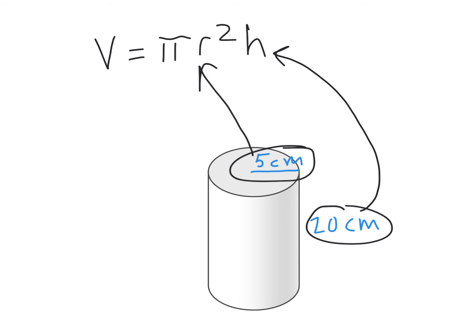And so my equation now says volume is equal to pi times the radius 5 squared times the height 20. And now I've made a one variable equation. I'm just going to solve for v by executing the expression on this side. For pi, I like to use the pi button on the calculator because remember, pi is an irrational number.